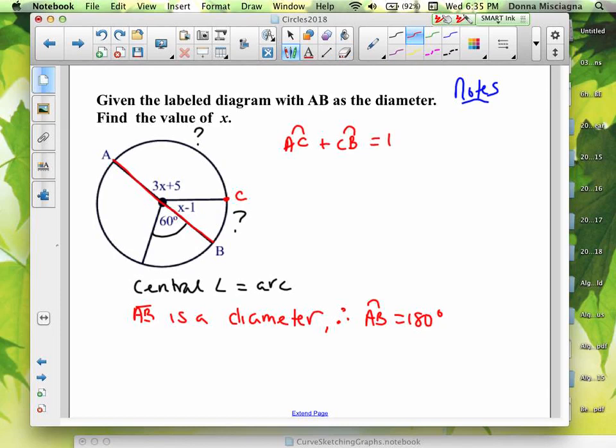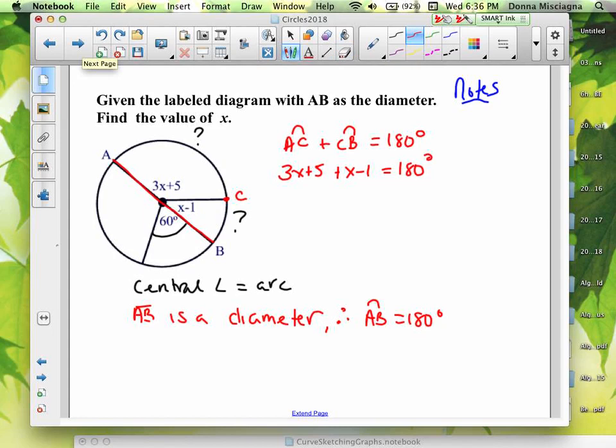Those two arcs together equal 180 degrees. AC is 3x plus 5, and CB is x minus 1, and together they're 180 degrees. So don't assume just because it's in a problem that you have to do something with it. Sometimes we have extra information that is of no use to us. That arc is 60 degrees, but who cares, because it didn't help us solve the problem.